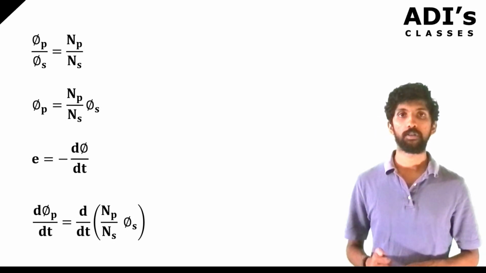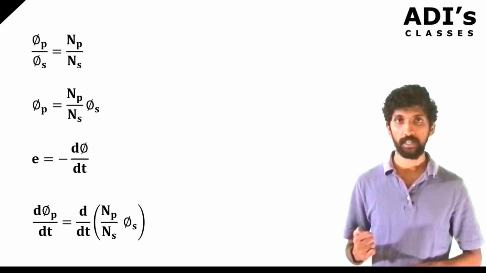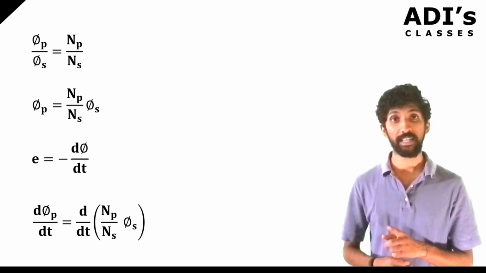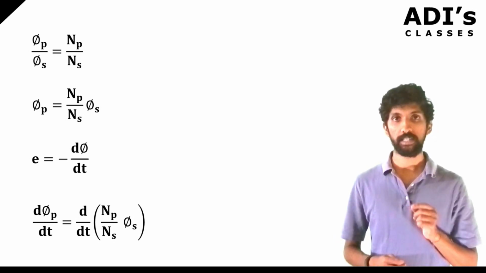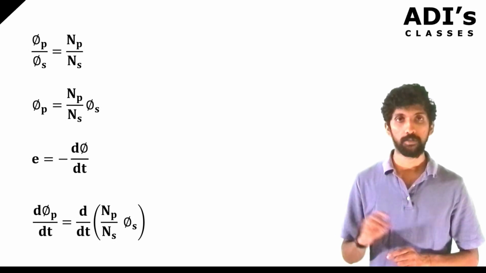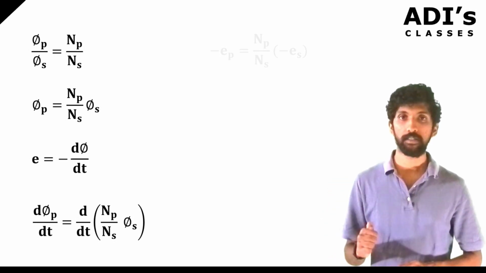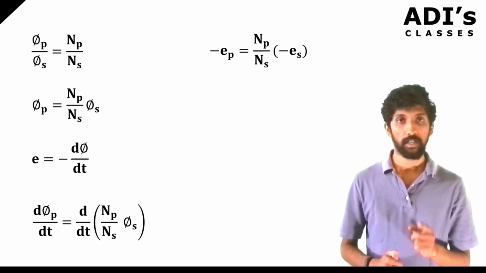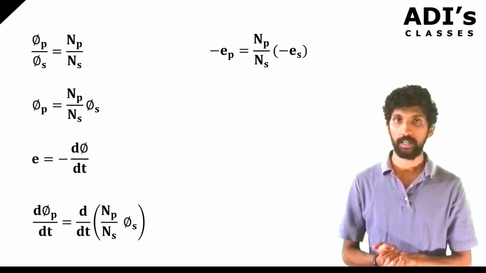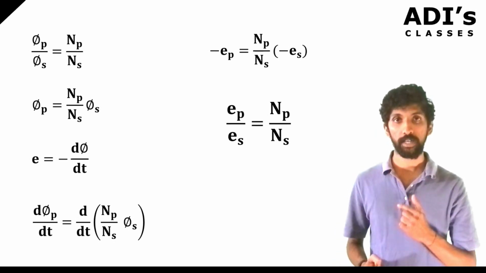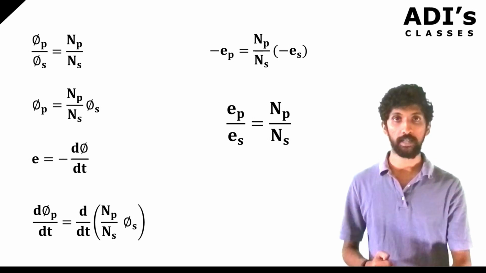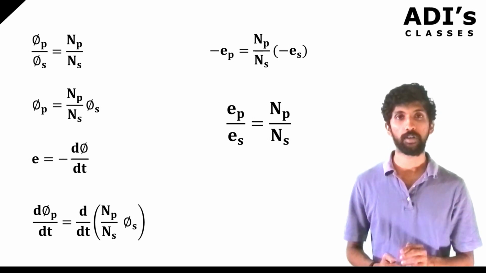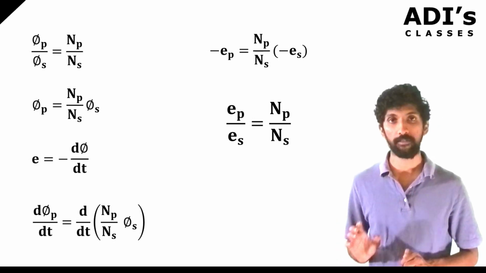So d phi p by dt, we'll call it minus ep, that is the EMF in the primary. So we have minus ep is equal to np by ns into minus es. The negative sign cancels, correct? So we get ep by es is equal to np by ns.